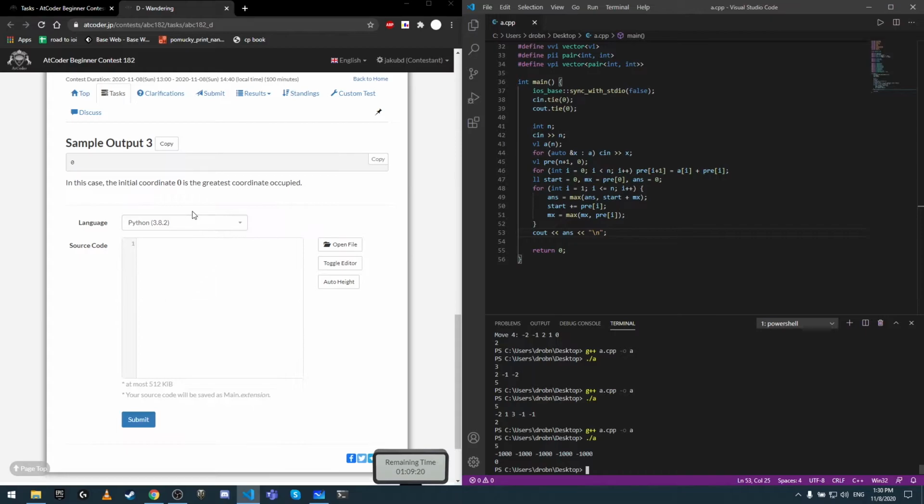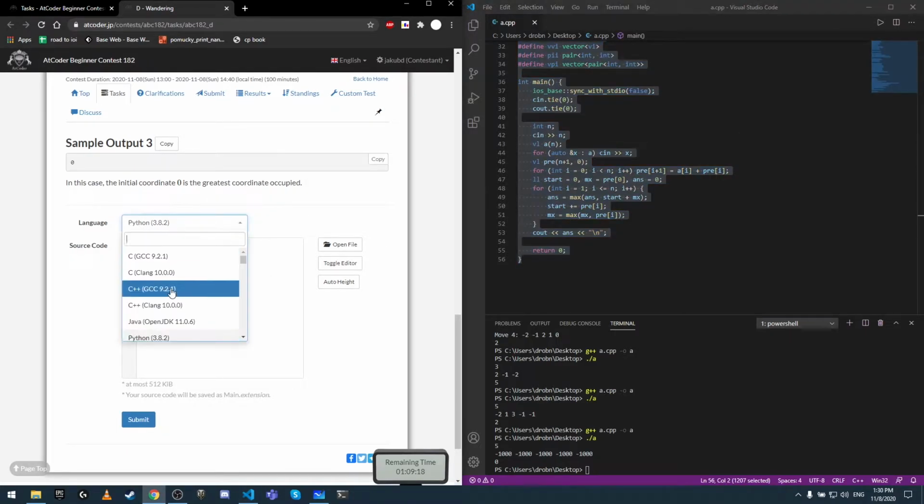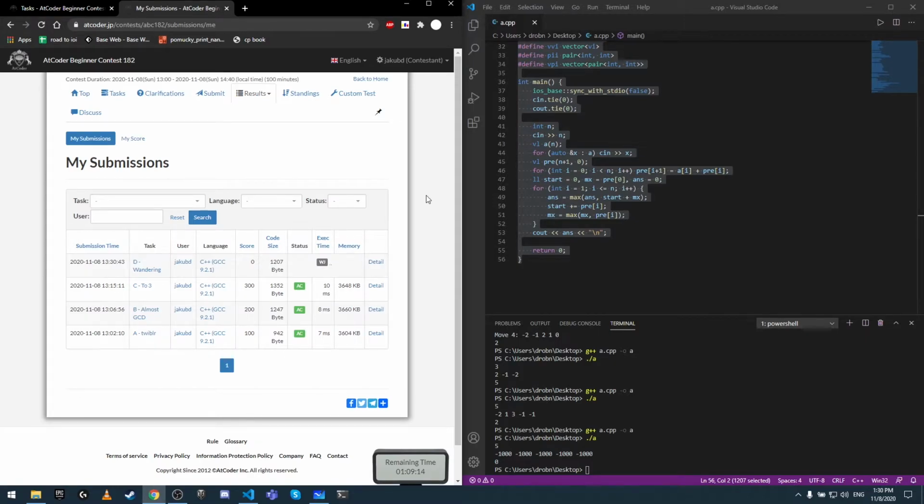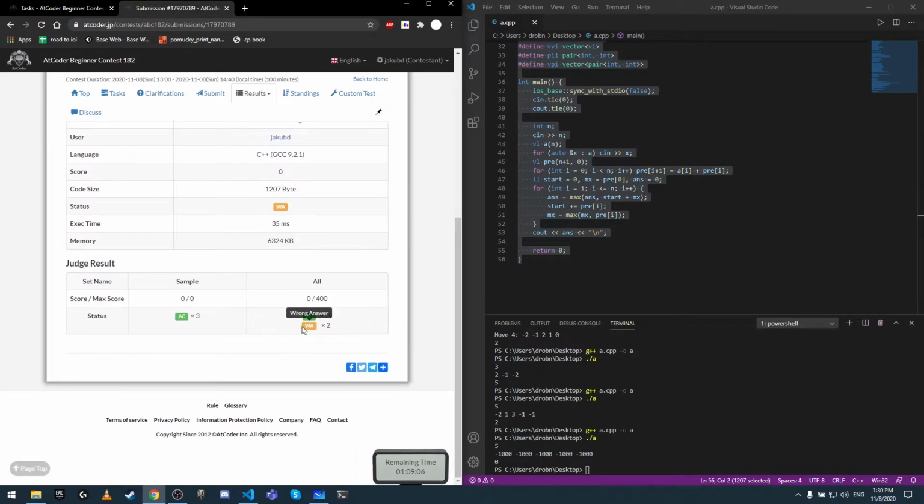This should output 0, that's pretty obvious. Okay, let's see. Okay, wrong answer on two of them. So we got the wrong answer only on 2 of them.